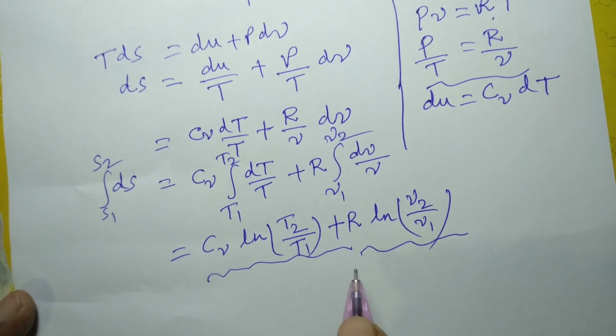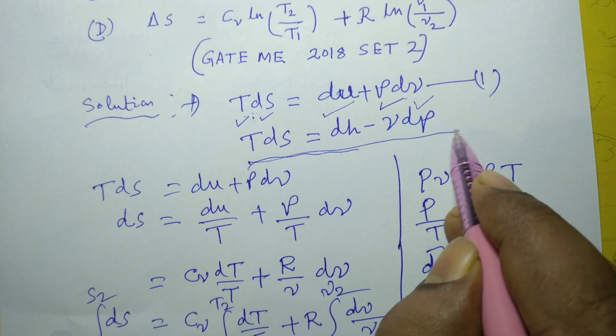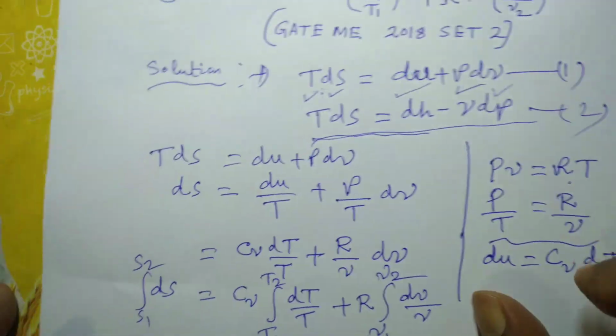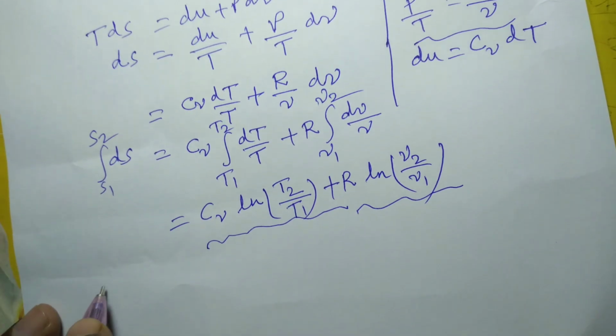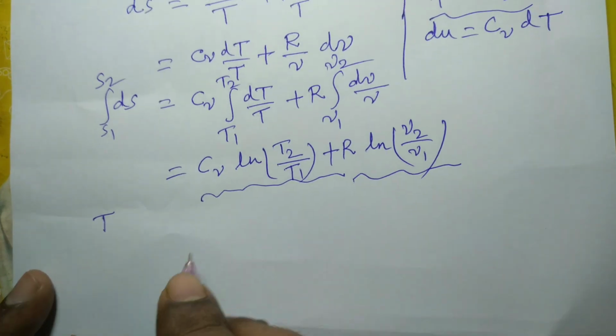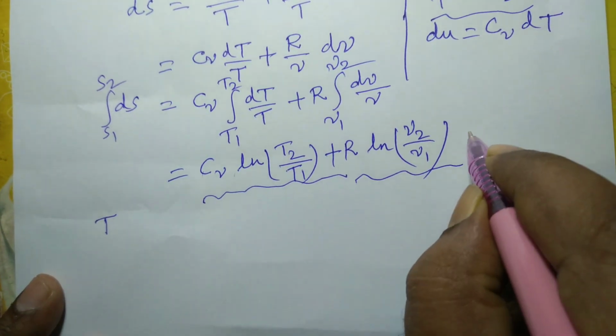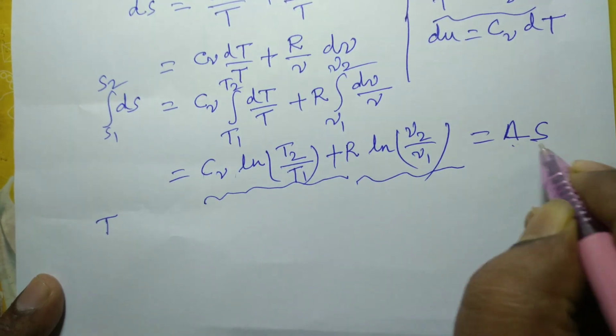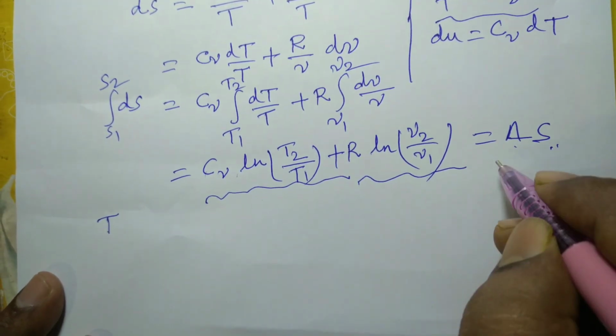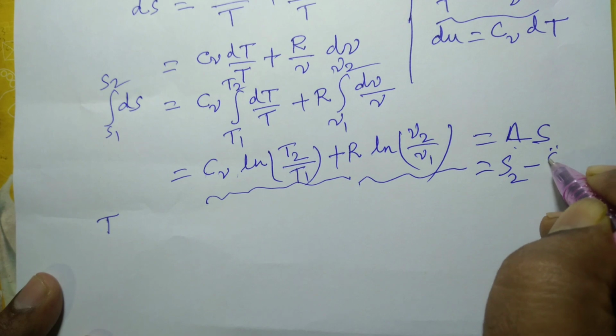Another formula can also be derived from the equation TdS is equal to dH minus VdP. The integration of dS is nothing but delta S, the change in entropy of an ideal gas, which is S2 minus S1.